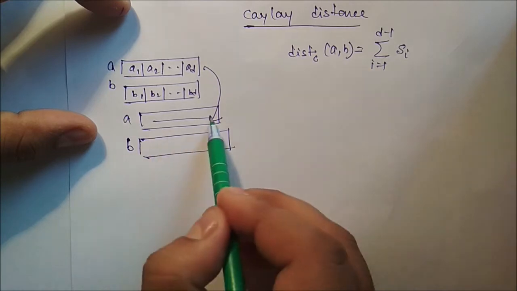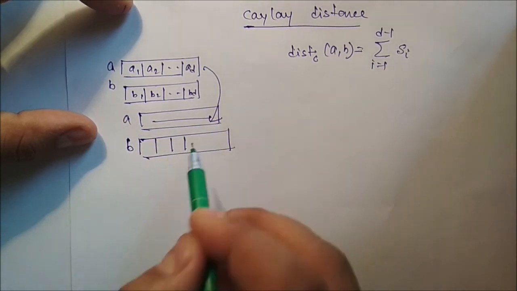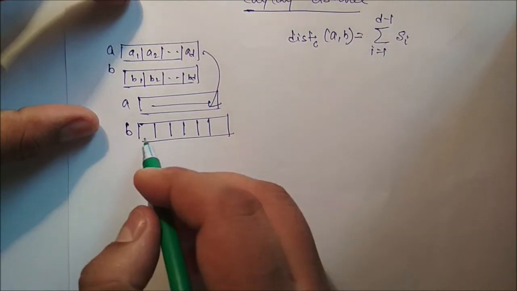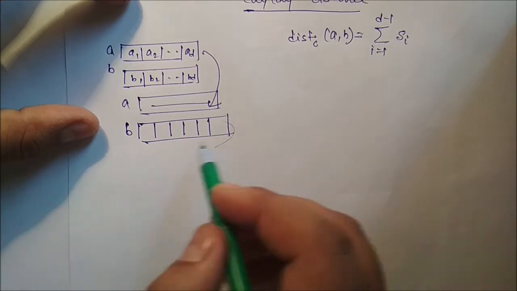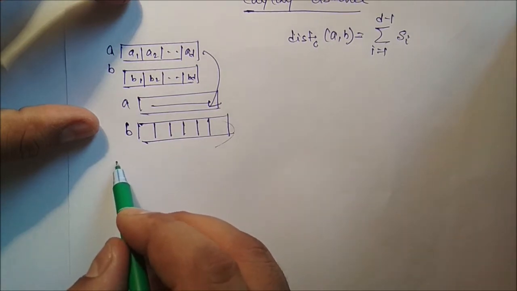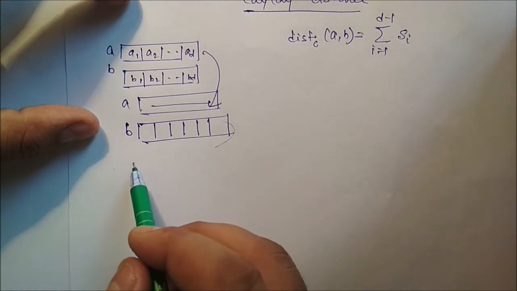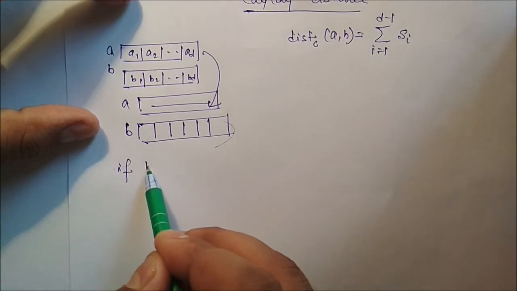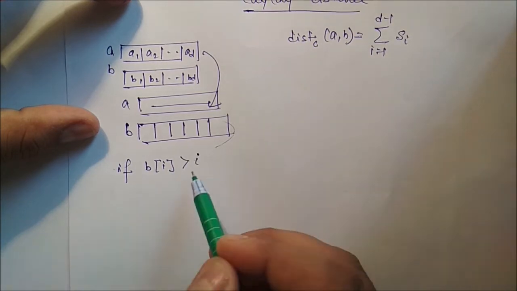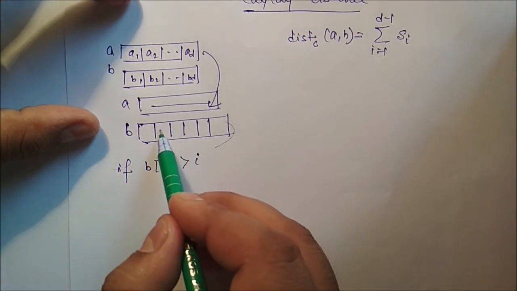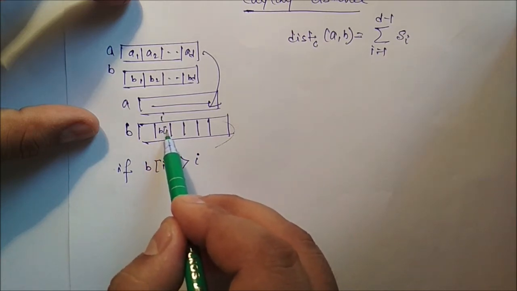So it is in ascending order, so arrange B accordingly. Now we have to process B only. So we just see one thing. So I varies from 1 to D minus 1. Okay, I varies from 1 to D minus 1. If BI is greater than its index, this is our BI, say this is our I, so this is nothing but our BI.